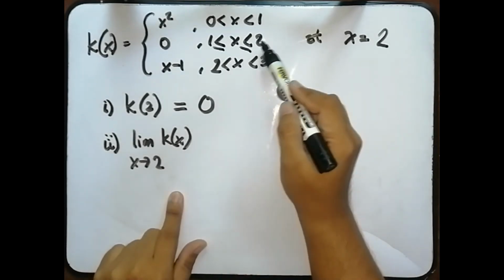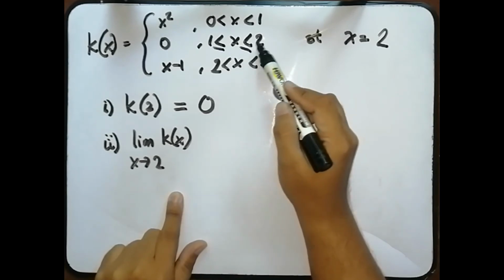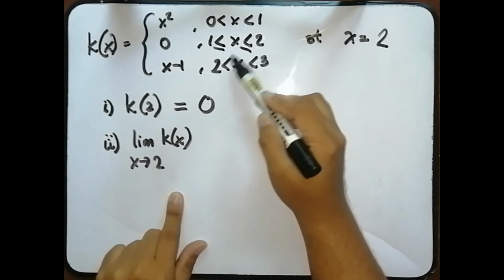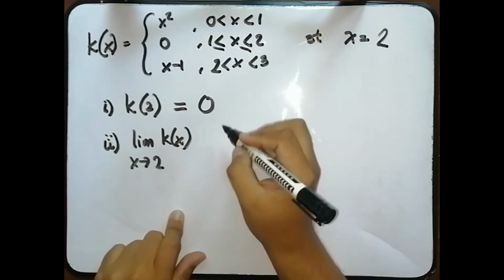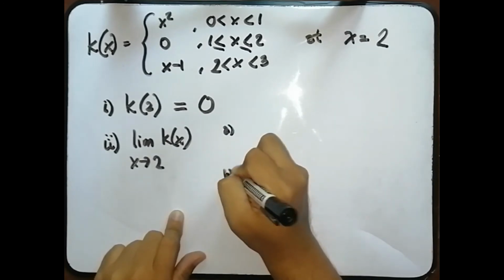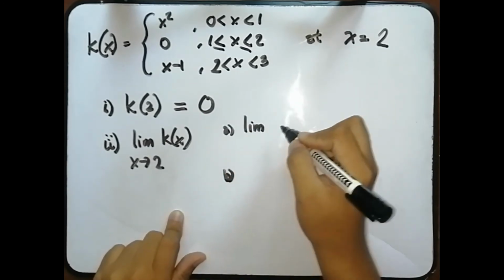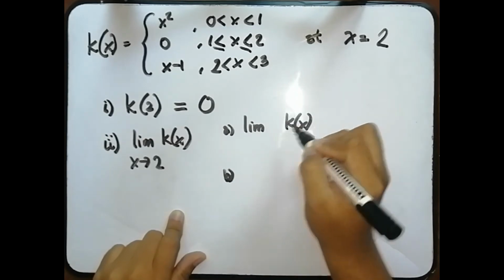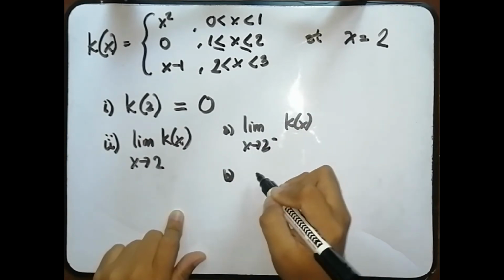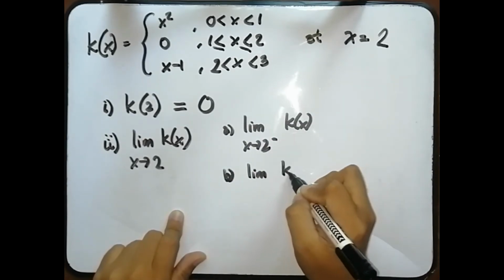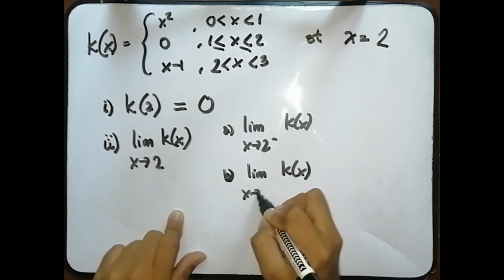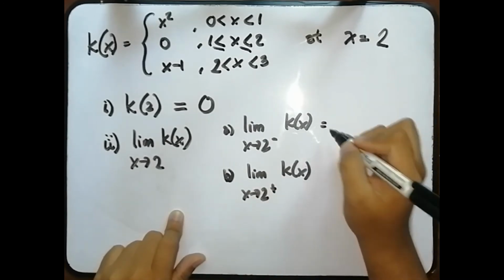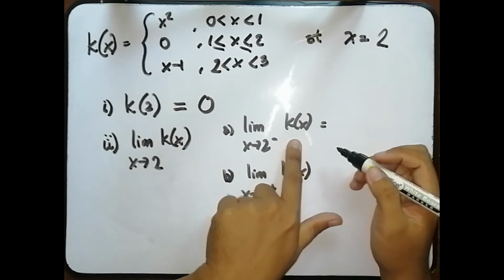So again, may dalawa tayong values dyan. So yung isa is less than, yung isa is greater than. So we have to check the limit of k of x as x approaches 2 from the left, and the limit of k of x as x approaches 2 from the right. So this one is from the left.